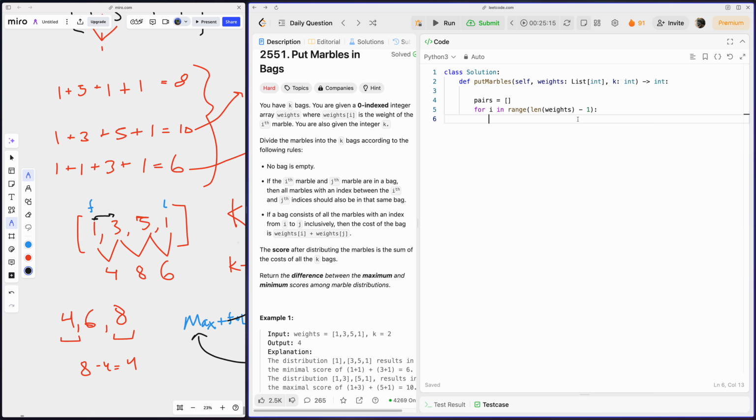So we just don't want to go out of bounds. So we'll just do pairs dot append the weights at I plus the weights at I plus 1. Right, so we're just adding all these in. Pairs dot sort.